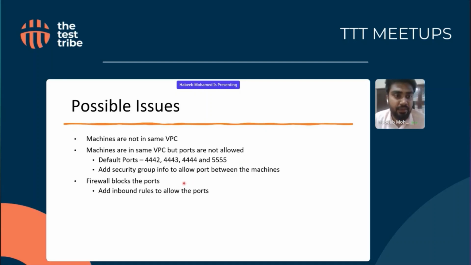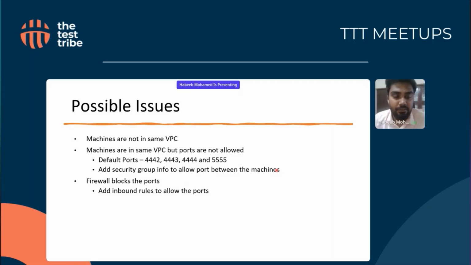So how can we allow them? We just have to create a security group in our AWS console and add it to both the hub and node machines. Now we thought we could establish the connection successfully, but again we failed.